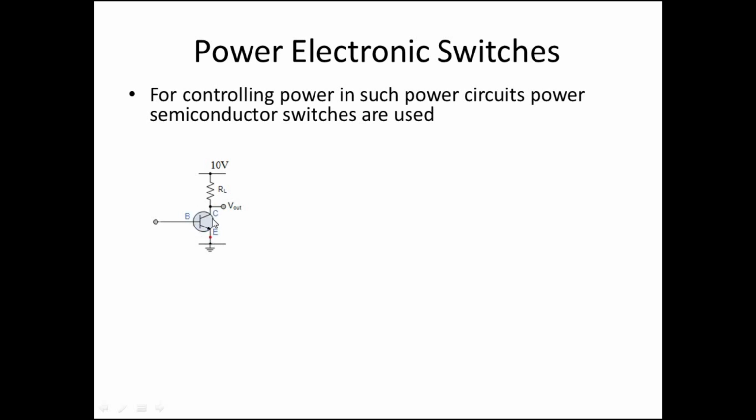It is a two-junction device, PNP or NPN. It has three regions of operation: active region, saturation region and cutoff region. Depending upon the voltage of the base with respect to the emitter, if this voltage is 0, it will be in the cutoff region.